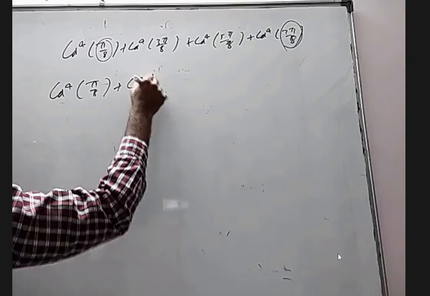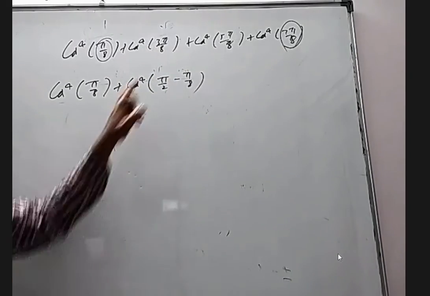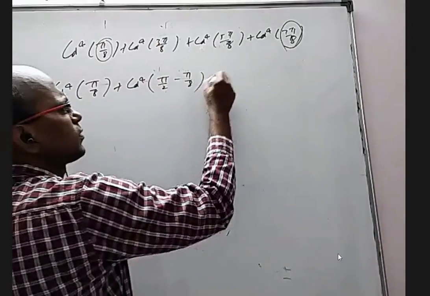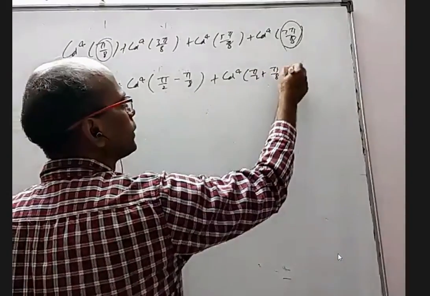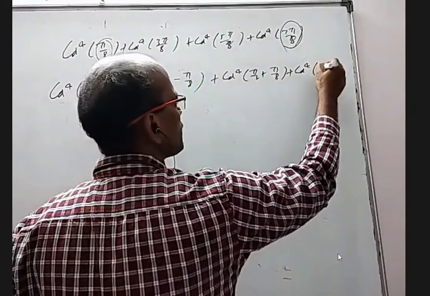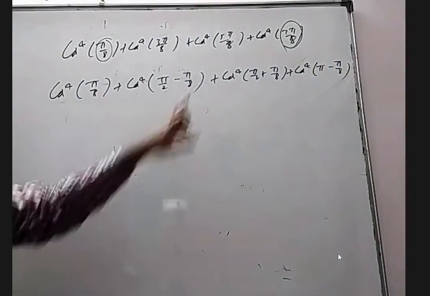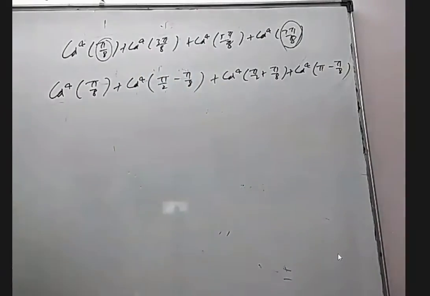This I'm going to write as pi by 2 minus pi by 8. This 3 pi by 8, I am writing as 4 minus 1 and splitting it, pi by 2 minus pi by 8. This I want to write as pi by 2 plus pi by 8. And this I want to write as pi minus pi by 8. This and this are the same. I want to write this as 90 minus theta, this is 90 plus theta.